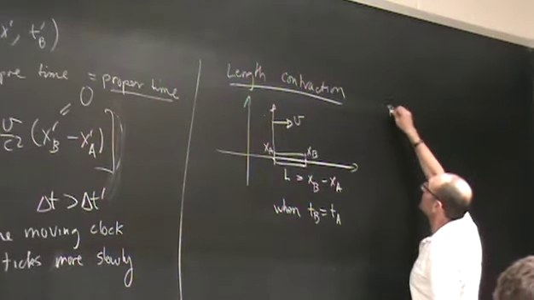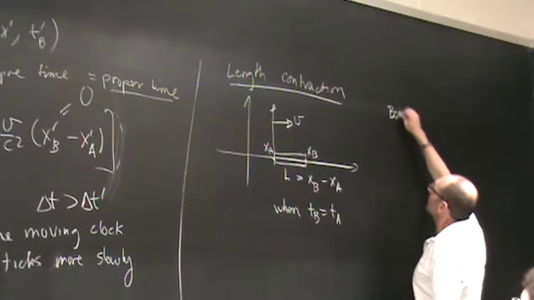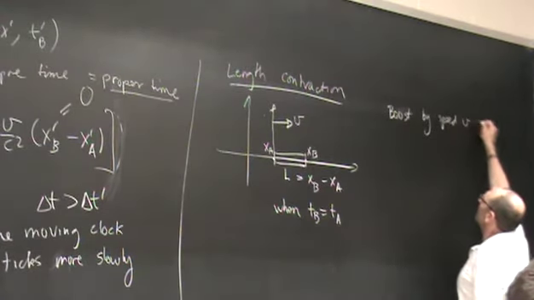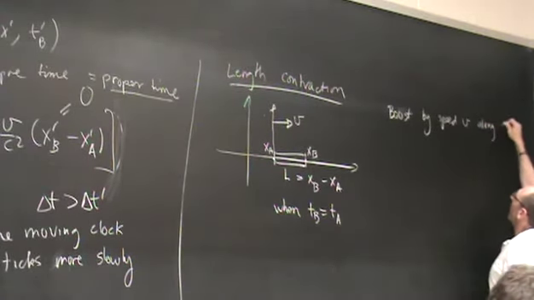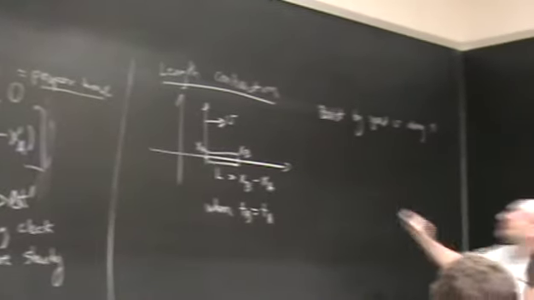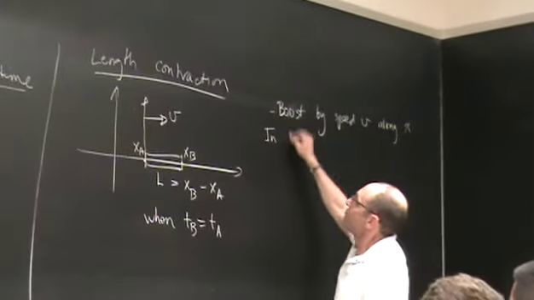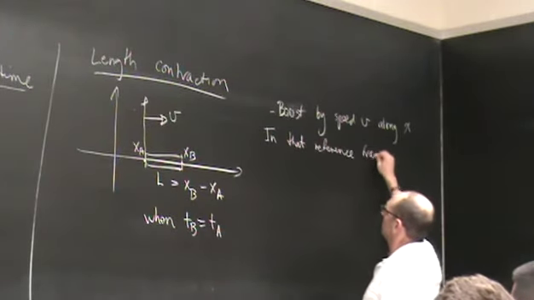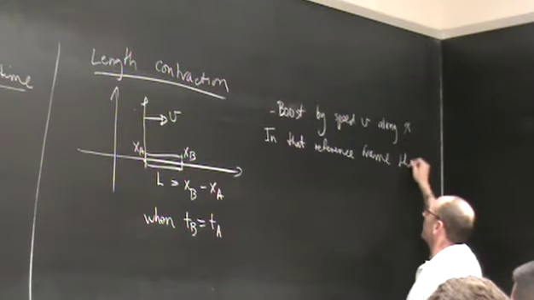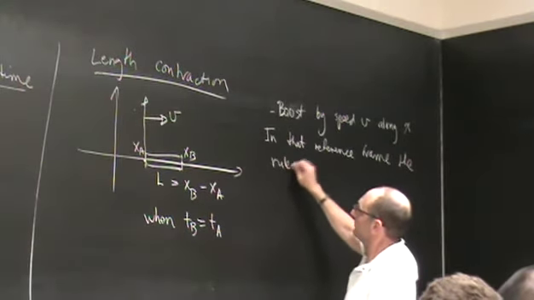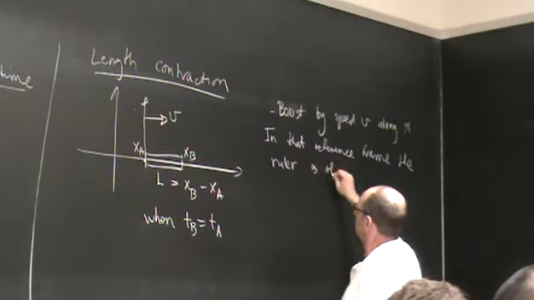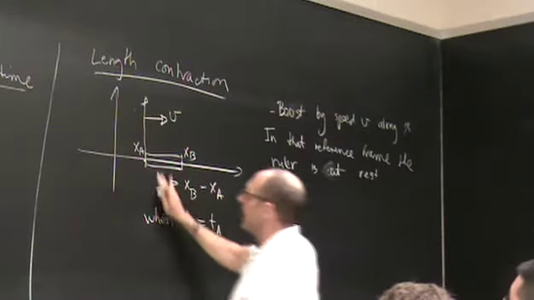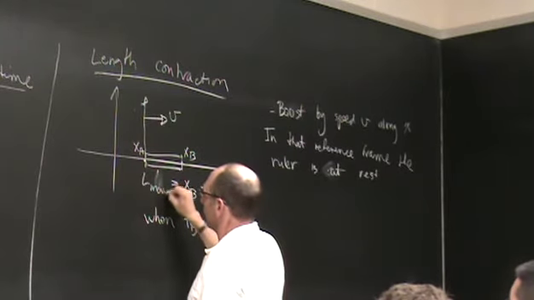So now we boost by speed v along x. In that reference frame, the ruler is at rest. So this L is the L of the moving ruler.